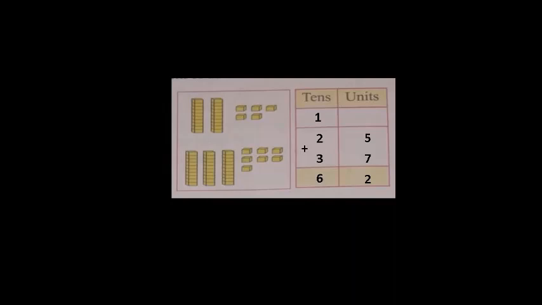While adding the tens, we have to include the 1 which is carried over. So, 2 plus 3 is 5 plus 1 which is carried over, including that you get 6. So the answer is 62.